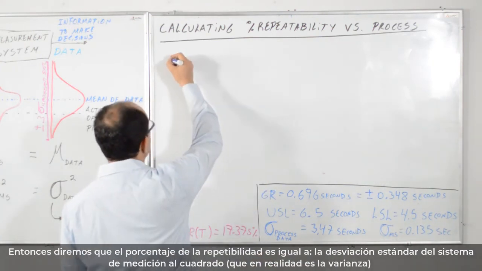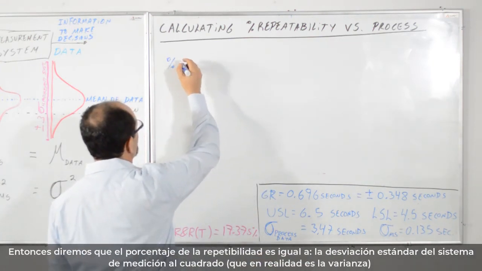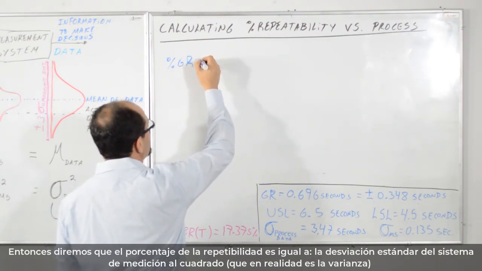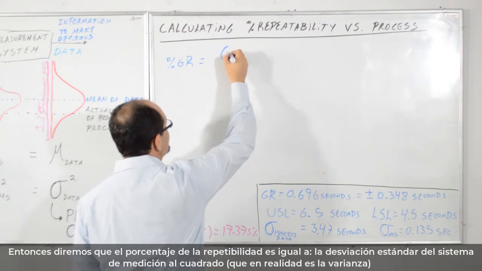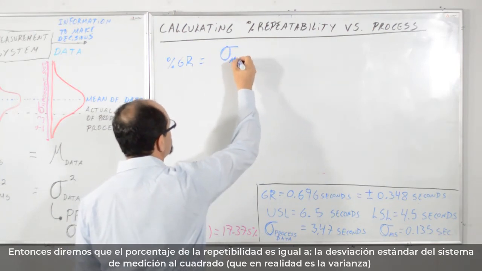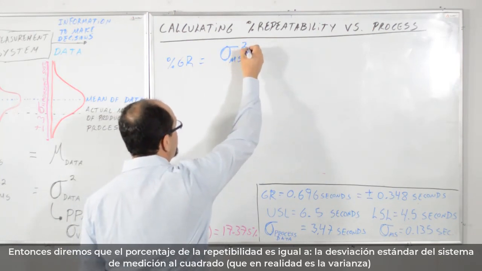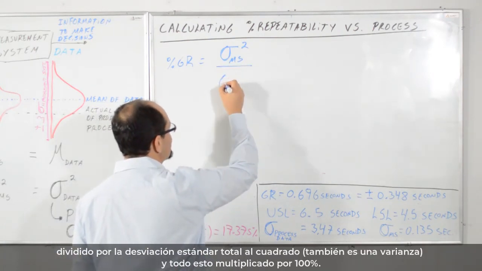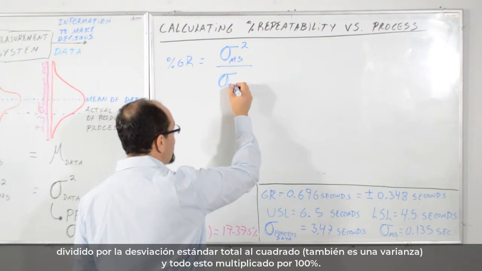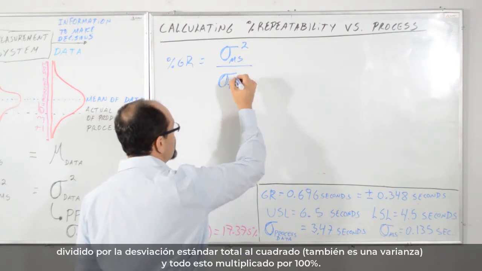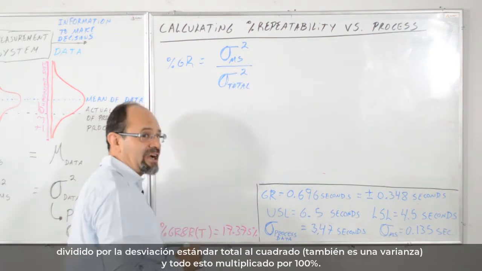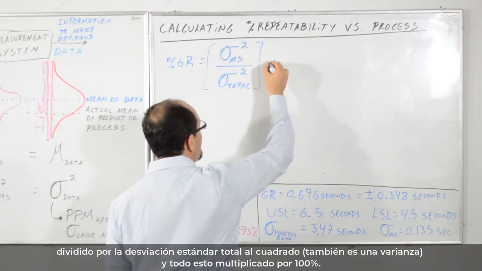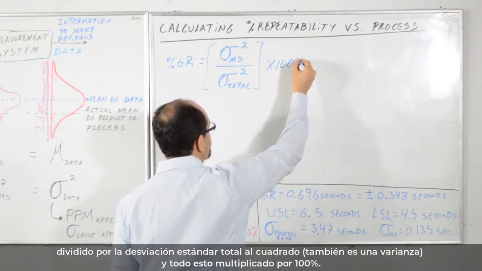Then I would say that the percentage of gauge repeatability is equal to the standard deviation of the measurement system square, which actually is the variance, divided by the standard deviation total square, which is actually the variance as well, and all of that times 100.